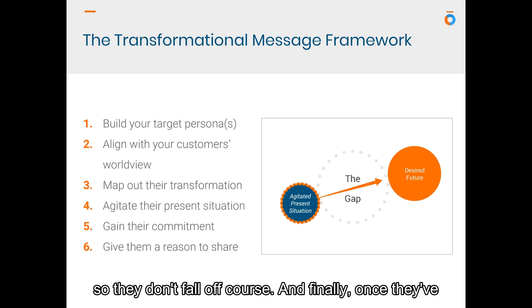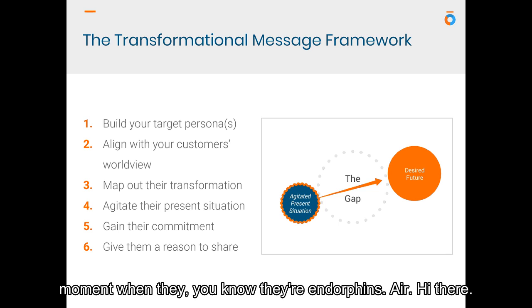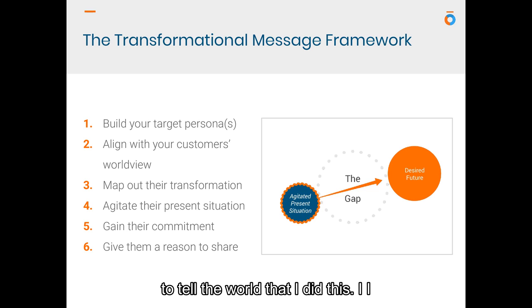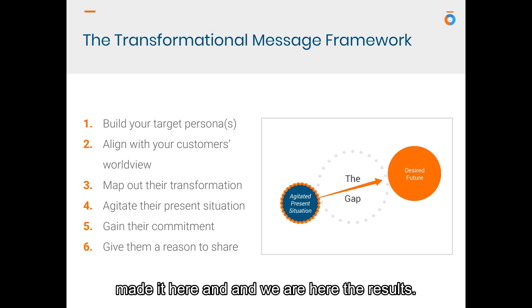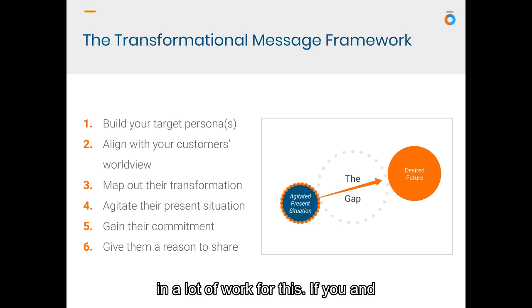And finally, once they've realized that desired future, that aspirational identity, give them a reason to share with others, right at the moment when their endorphins and dopamine levels are high, and they want to tell the world, I did this, I made it here, and here are the results. Customers want to share that. They want to tell other people that they were successful, especially if they put in a lot of work for this.